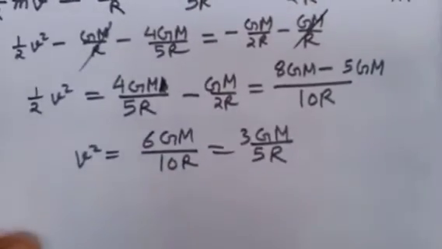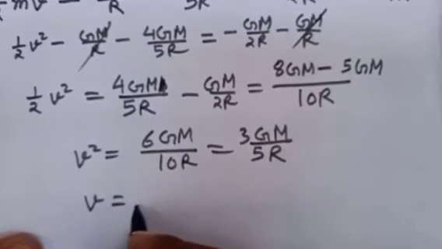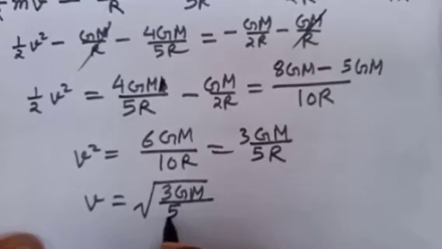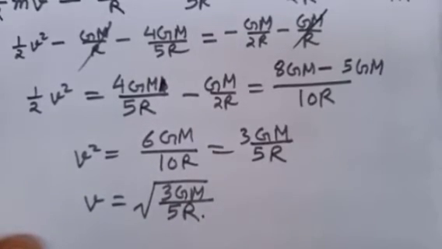So v will be equal to root of 3Gm upon 5r. That's all.